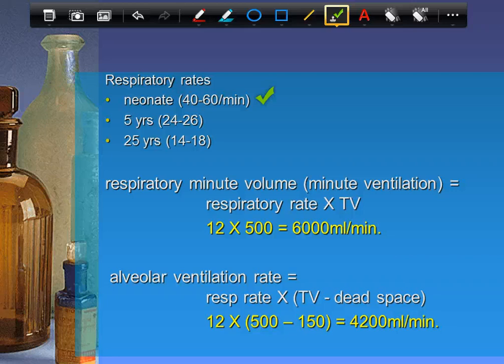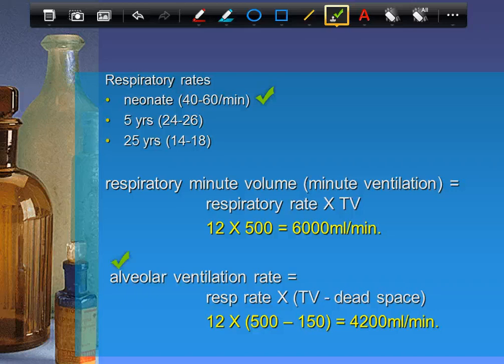Now, just because 6,000 mils is going down into your lungs doesn't mean that all of that is getting down to the alveoli. Remember, there's a lot of area in your lung where the air is just sitting there. The only air that's really important is that gets down the alveoli, because that's the air that can diffuse across the membrane. So that area in your lungs where the air is sitting and not doing anything, it's not being conducted across a membrane, is called dead space.